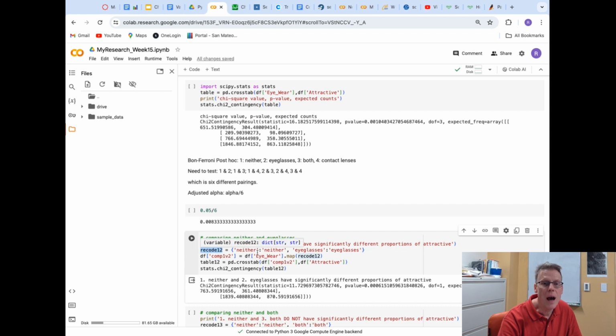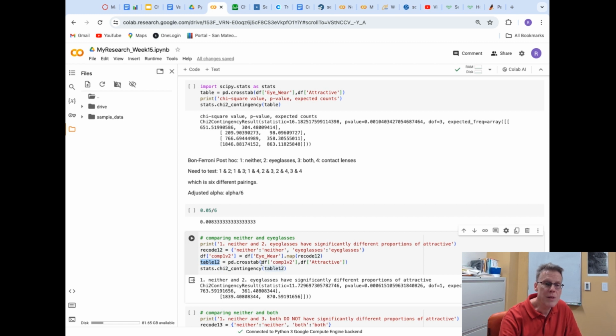But then I am going to use that thing that I just set up in this line and create kind of a variable out of it, a df variable out of it. And then I'm going to make a table using that variable together with my response variable. And then finally do the chi-squared using that table.